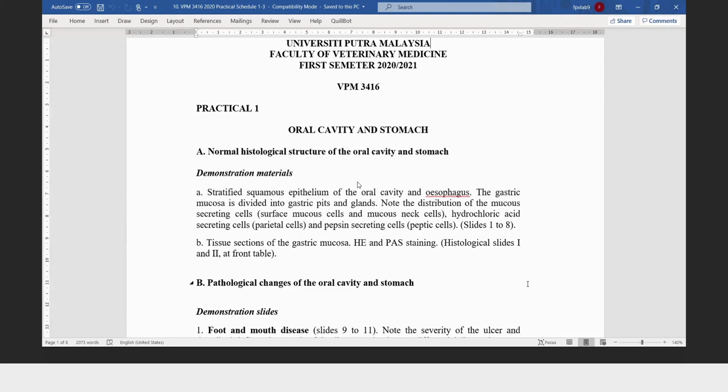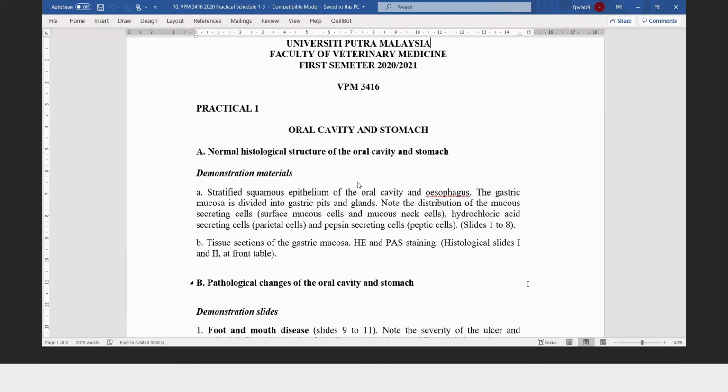That is important. In addition, when there is an imbalance between the hydrochloric acid produced by the parietal cell and the mucus produced by the mucus secreting cell, the environment of the stomach will change, and if there is more acidity, it might lead to erosion and maybe ulceration.